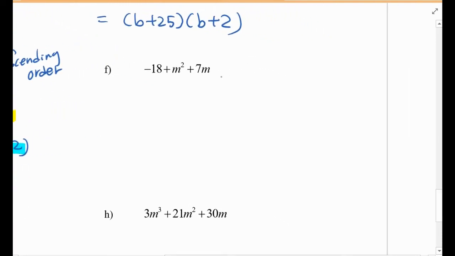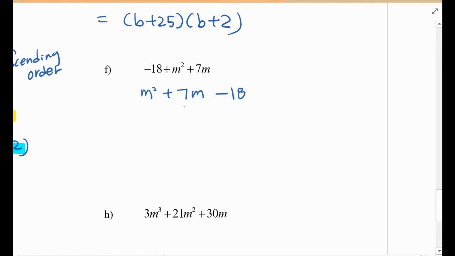Next, f. We're going to put this in descending order again, like this, and find two numbers that multiply to negative 18 and add up to 7. If you look at this, it is negative 18, so one number should be negative and the other one positive.